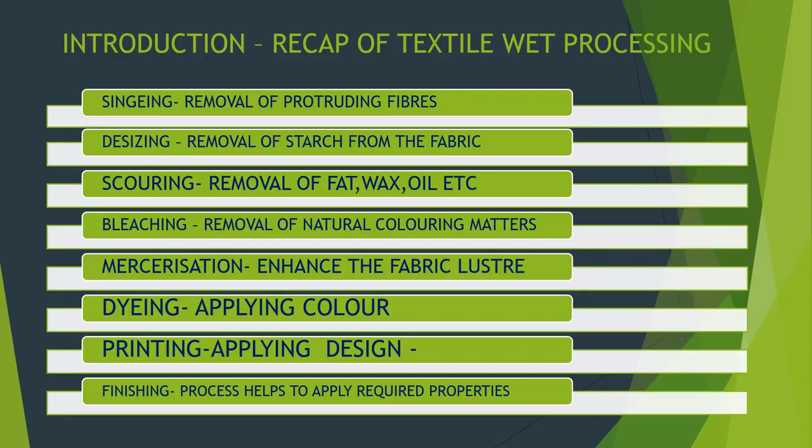So from this process flow, finishing is the final process. It helps to apply required properties to the fabric based on its end use. I hope you understand. So what are the objectives of textile wet processing? And what is the finishing process?